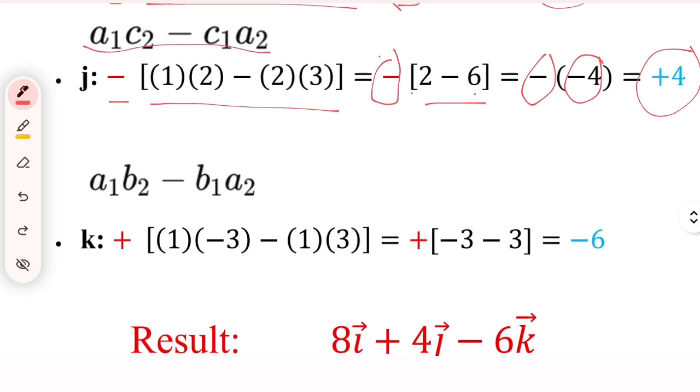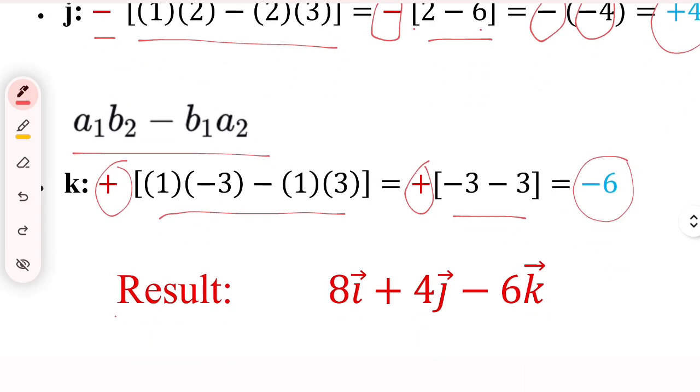And lastly, for component K, that's the computation of the determinant. You substitute all the values there. It would be -3 minus 3, which is -6, and K is actually positive, so it would still be -6.